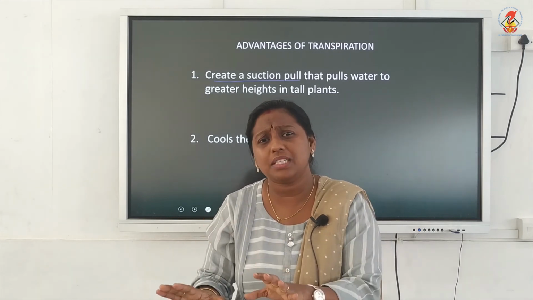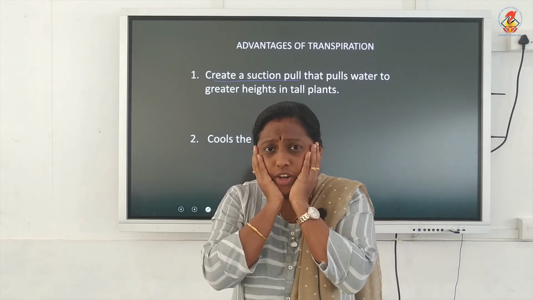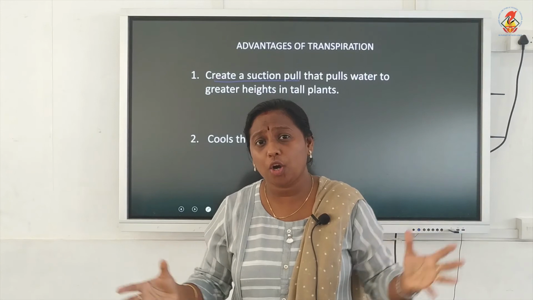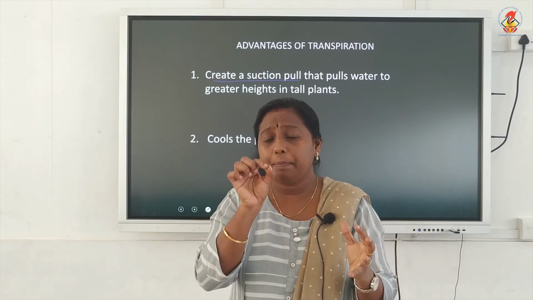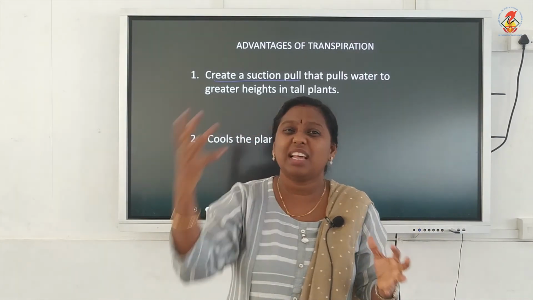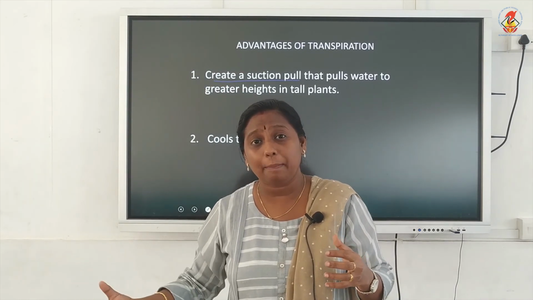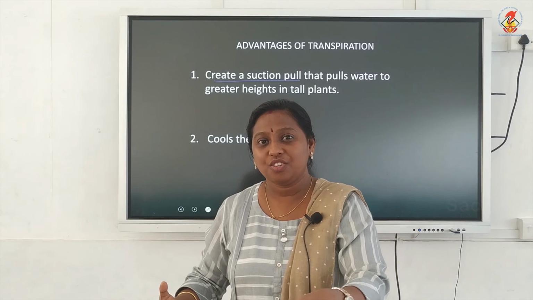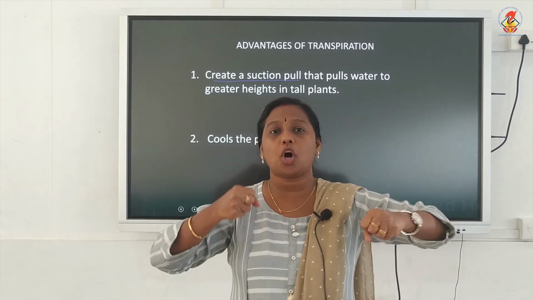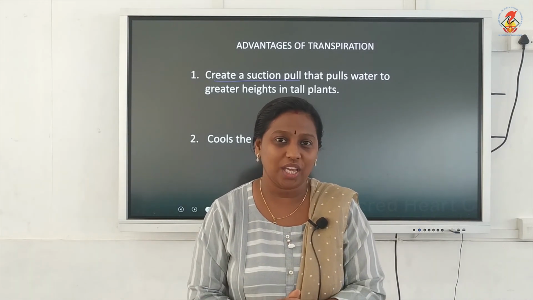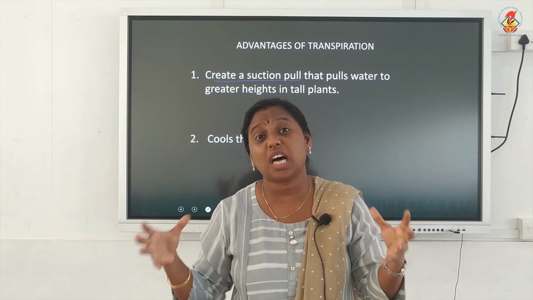The same thing happens in a plant. Instead of your mouth, there is the external environment. The tip of the straw which is inside your mouth is the leaf. From the leaf, water is losing out, so a pull is created towards the root and the root will be absorbing more water from the soil. This is what is called a suction pull.